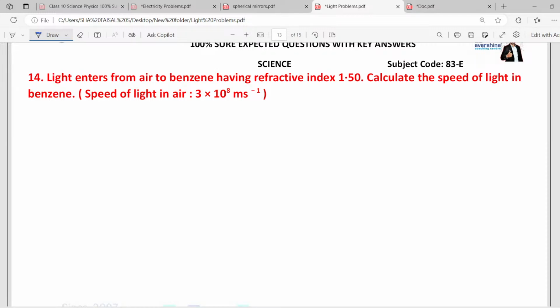Now let me solve this problem in a different method, by using a bit different formula, different case. Shall we proceed? Okay.